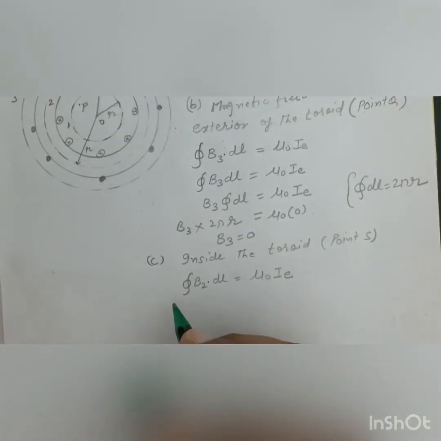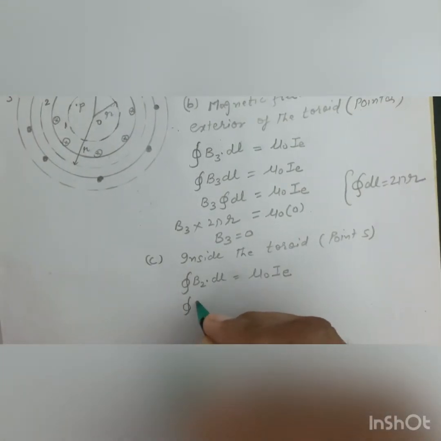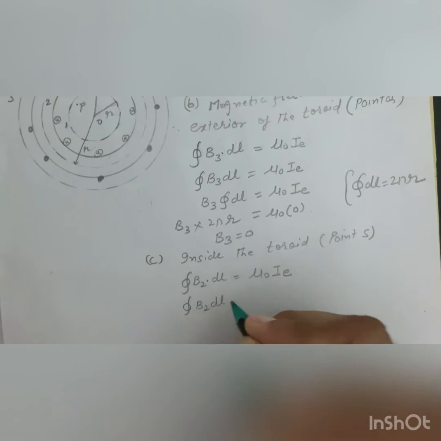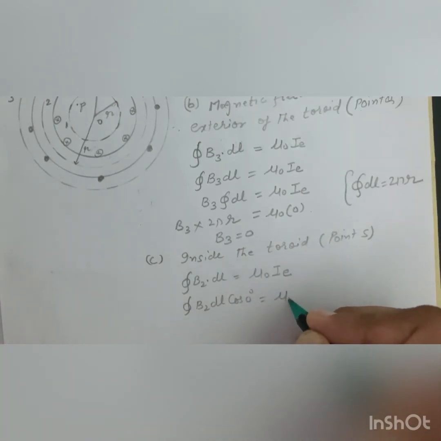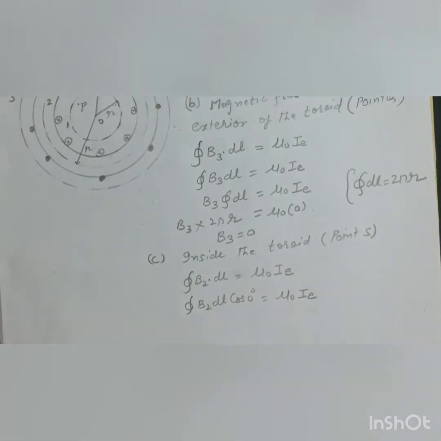Here we have B2 dl cos of 0 degrees equals mu naught I_E.